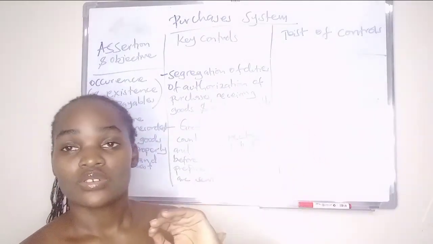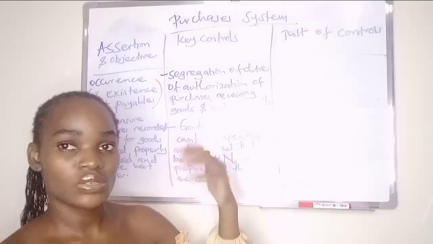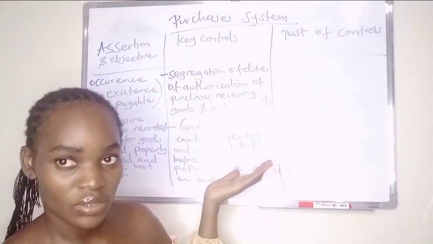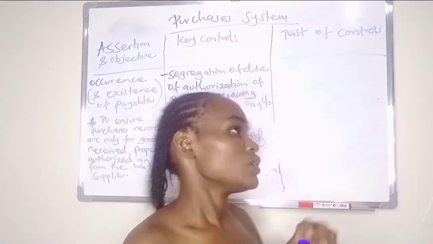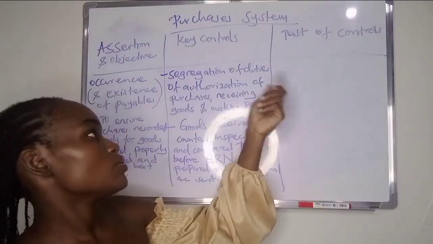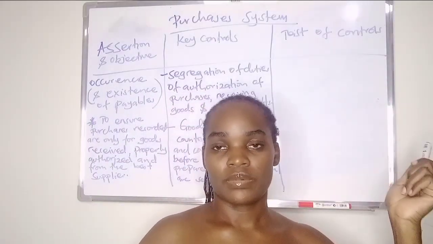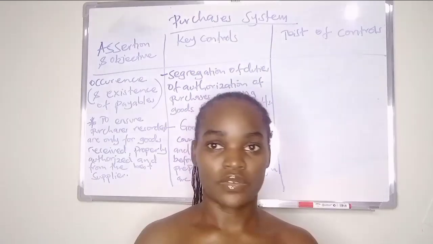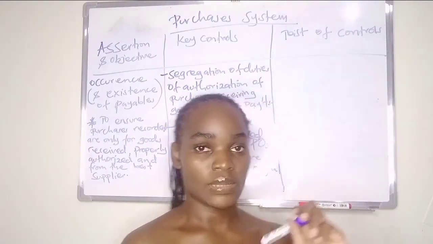So even if you don't remember the exact wording, you just take the control and turn it into a test of control. Here the auditor observes to see if there is proper segregation of duties, whether the person that receives goods is different from the person that approves and the person that makes payments.